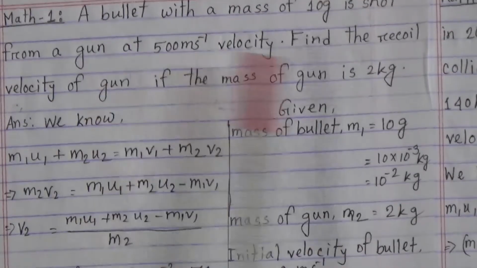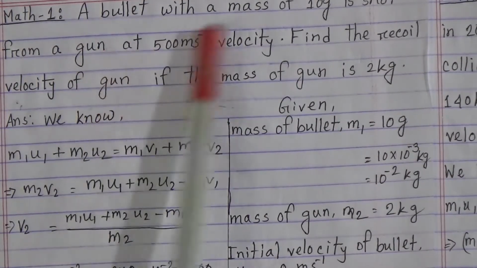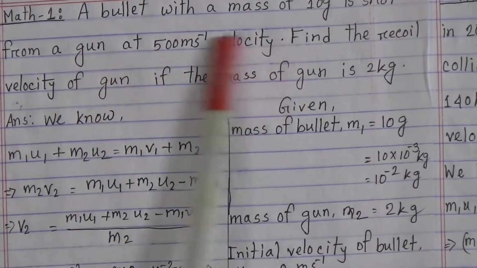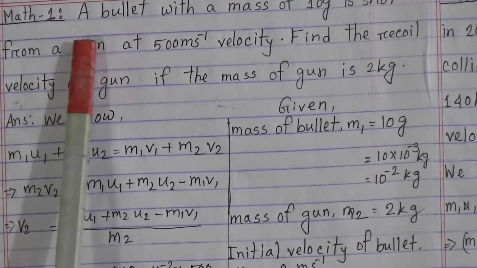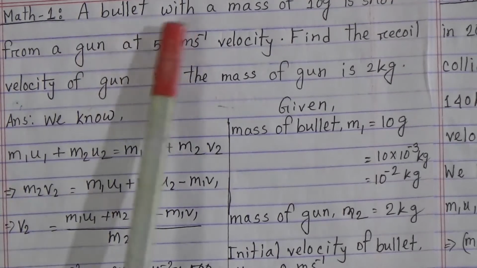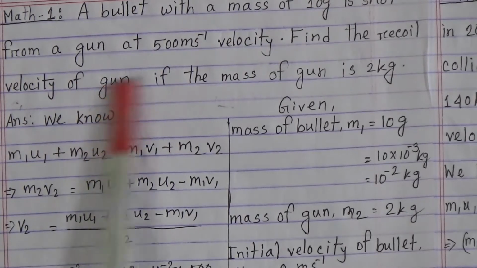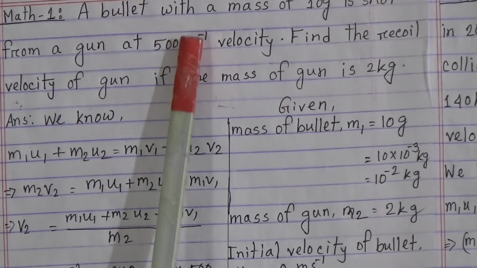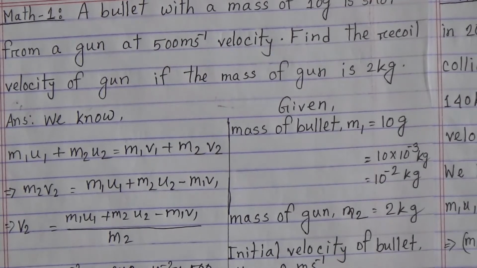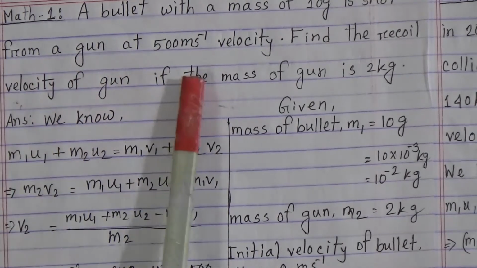Now the mass of the gun here is given 2 kg. And the initial velocity of the bullet here is 0. It will be 0 because according to the statement, a bullet with a mass of 10 gram is shot from the gun. That means the initial velocity of the bullet was 0, that means u1 is 0, and the initial velocity of the gun is also 0, that means u2 is 0.